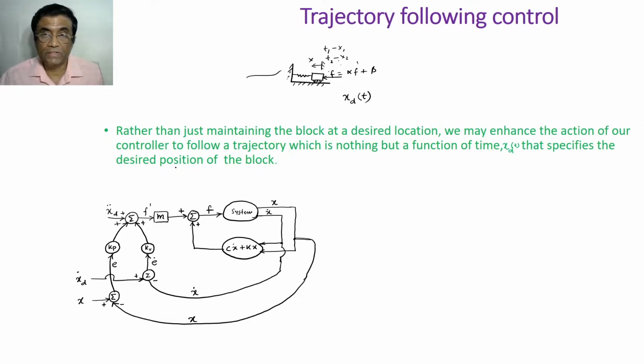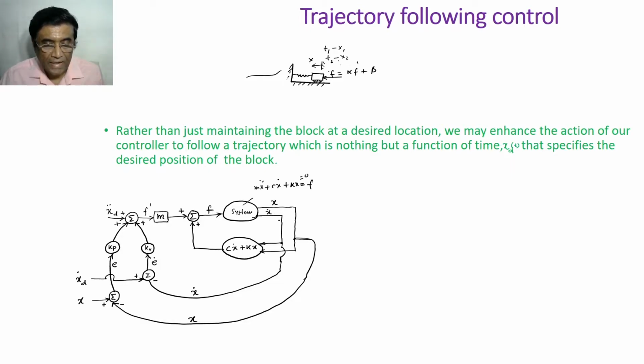So when I have a trajectory, how can I modify the model-based control? That is today's concept, right? So again, say I have a system, which could be m x double dot plus c x dot plus k x equal to f. The system is equal to 0 and the system with control is equal to f, you see. And I have two states, x and x dot.